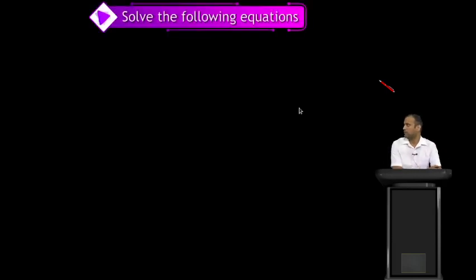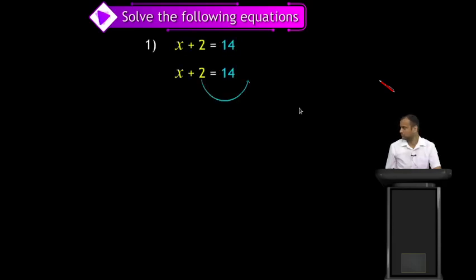Now we will use the transposition rule to solve the following equations. First we have the equation x plus 2 equals 14. First we will transpose 2 to the other side, and for this you have to check the sign of 2.